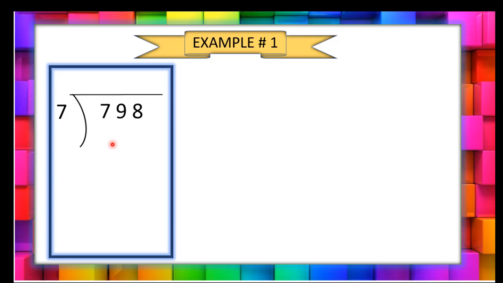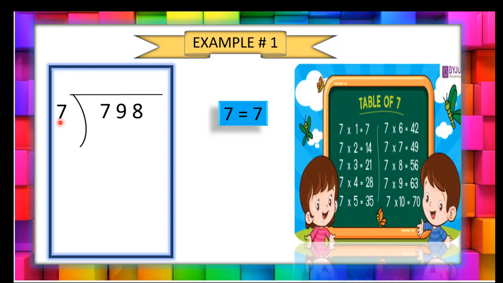In step number 1 we have to compare the first leftmost digit of the dividend, which is 7 at hundreds place. We will compare this 7 with divisor 7. As you can see here, 7 is equal to 7, it means that 7 can divide 7. As 7 is the divisor here, we will use the table of 7.